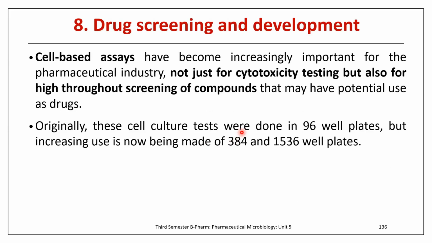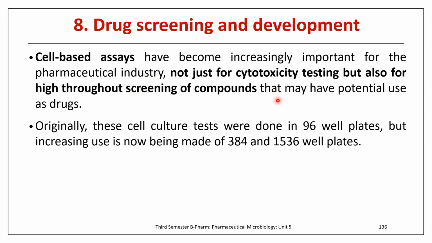And drug screening as well as development, once again, it is very important to study different effects of the drug before using it in animal or human subjects. The experiment in human as well as animal subjects is very difficult, and it is a very complicated procedure to get approval. So before starting the animal as well as human study, it is mandatory to perform cell-based assays, not just for toxicity testing but also for screening of the compound.